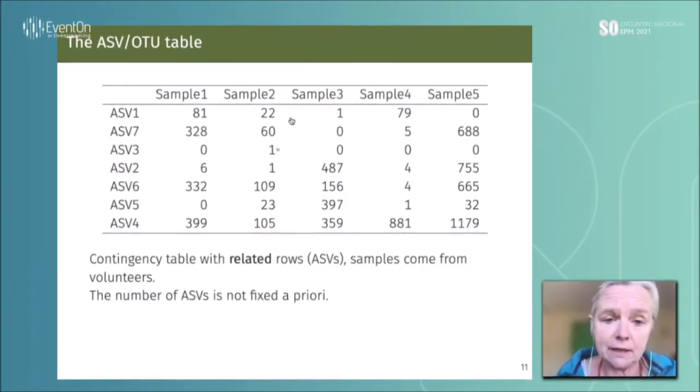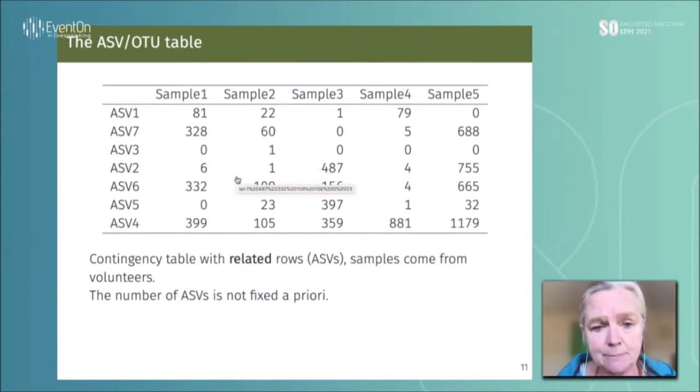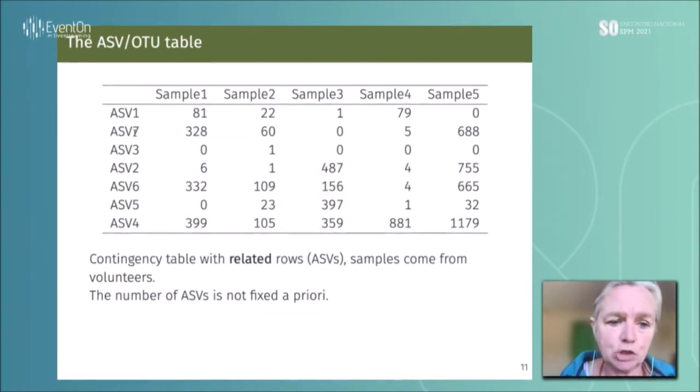So what are the data? Well, just to give you a more concrete idea, we have different samples. They might come from different subjects, or they might come from the same subject measured across different time points. And then we have different strains. Say we had 81 reads that came from sample 1, and 22 from sample 2.